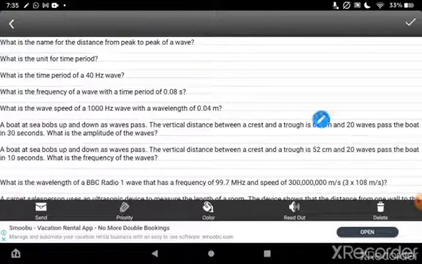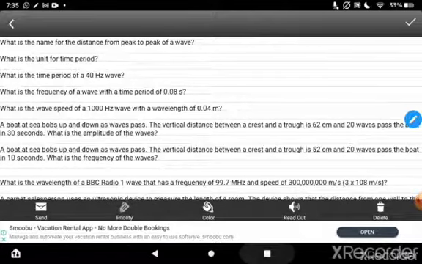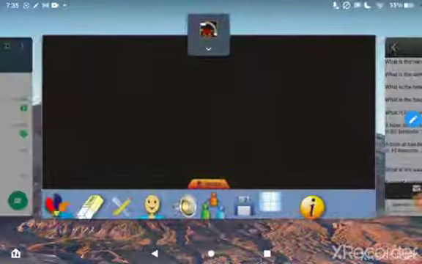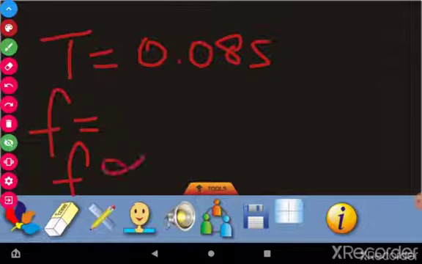It says, what is the frequency of a wave with a time period of 0.08 seconds? So the time period is 0.08 seconds. We need to find its frequency. If we recall, frequency is inversely proportional to time period.